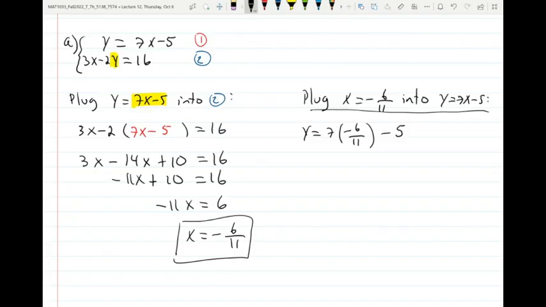Okay, so now remember here, yes, you can do that and then solve it like an equation. But here we are really just evaluating, so don't run away. Let's compute it. So what is this? This is negative 42 over 11, right? 7 times 6, minus 5. Now the negative here, I'm going to put it in the 42.